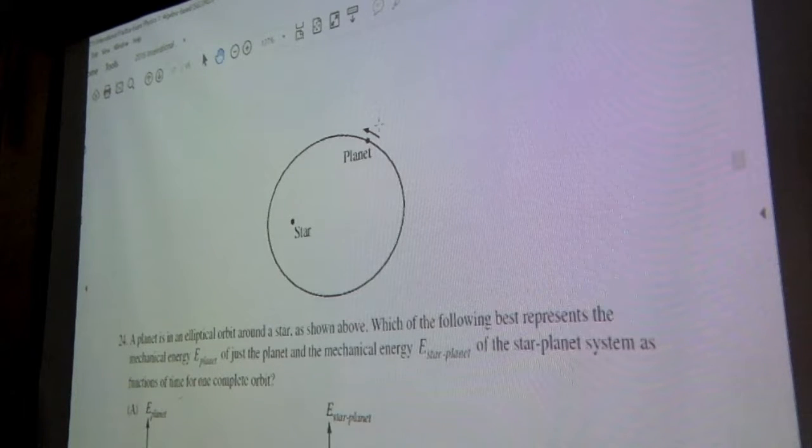In other words, this cup is here. If I take it from here to a higher altitude, is it gaining energy? Yes. If I keep taking it up, it's going to gain.